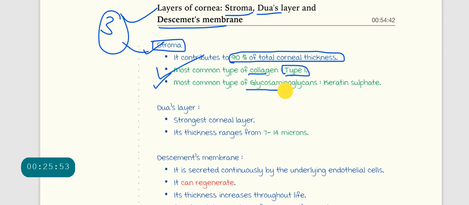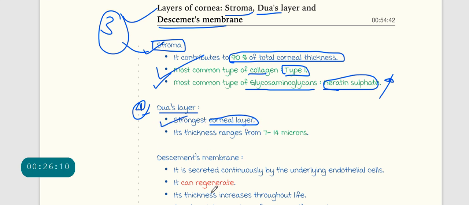Now the next layer comes, Descemet's membrane. Descemet's membrane is the strongest corneal layer again, and it is the thickest, ranging up to 7 to 14 microns.